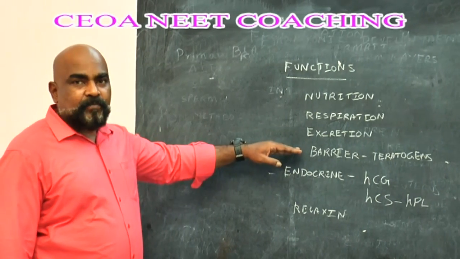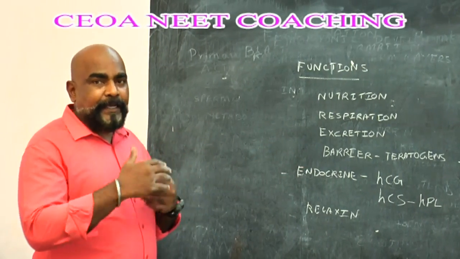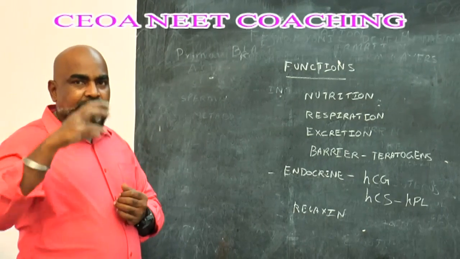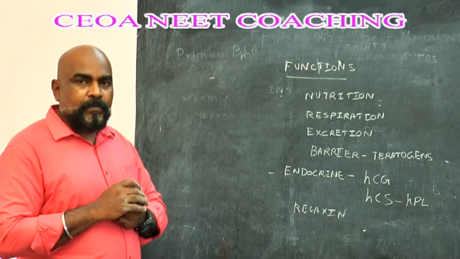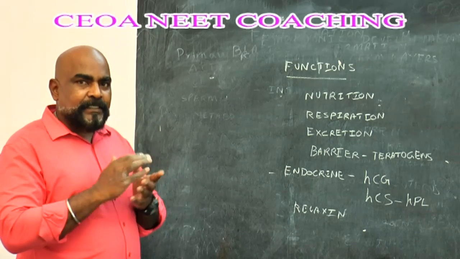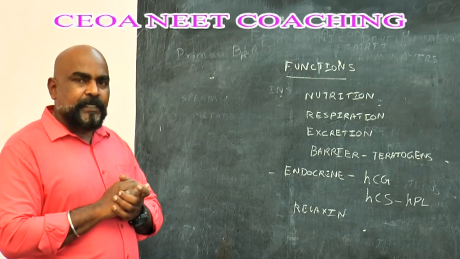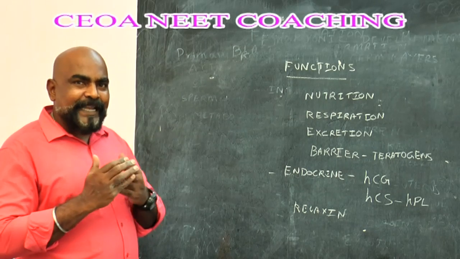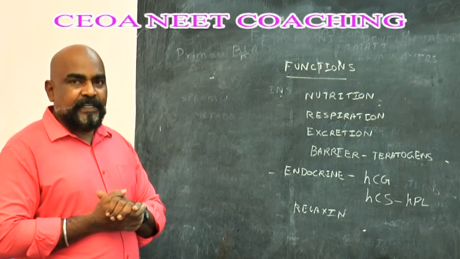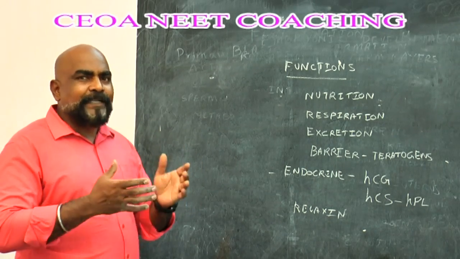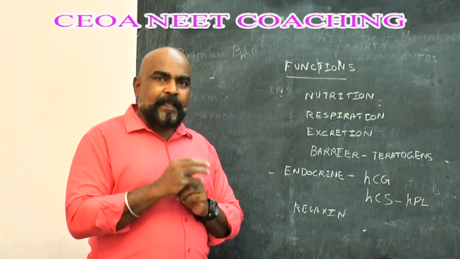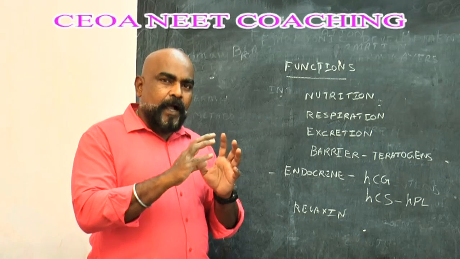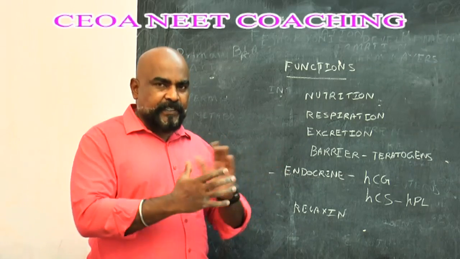Apart from that, it acts as a barrier. Not everything from the mother can enter the fetus. Especially, it prevents the entry of teratogens into the fetus. What are teratogens? Teratogens are substances which cause abnormal morphology in the fetus.